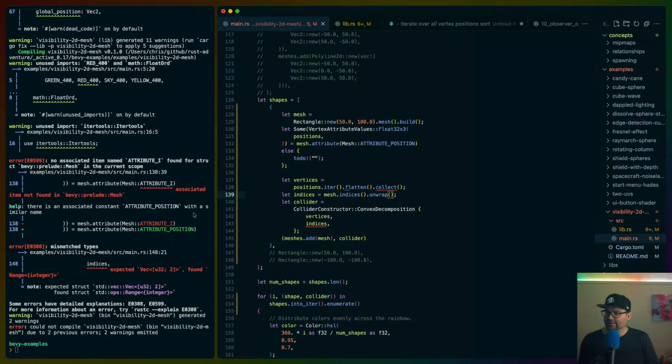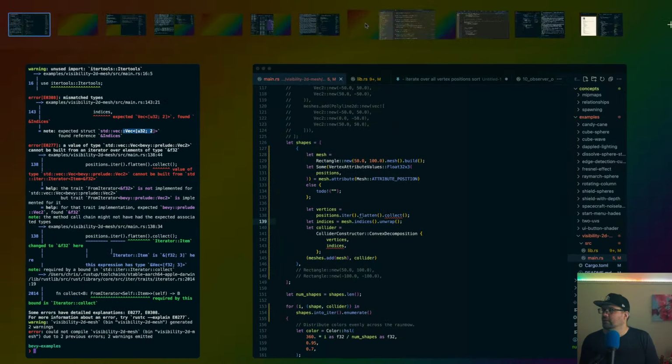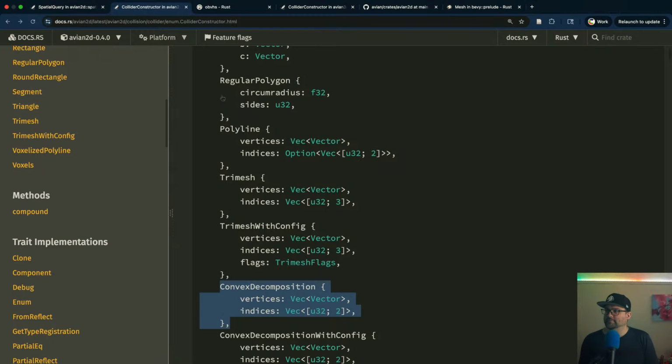Why is indices having a field day? Indices, expected Vec<[u32; 2]>, found Indices. Vec<[u32; 2]>. Sorry, what? Hang on.